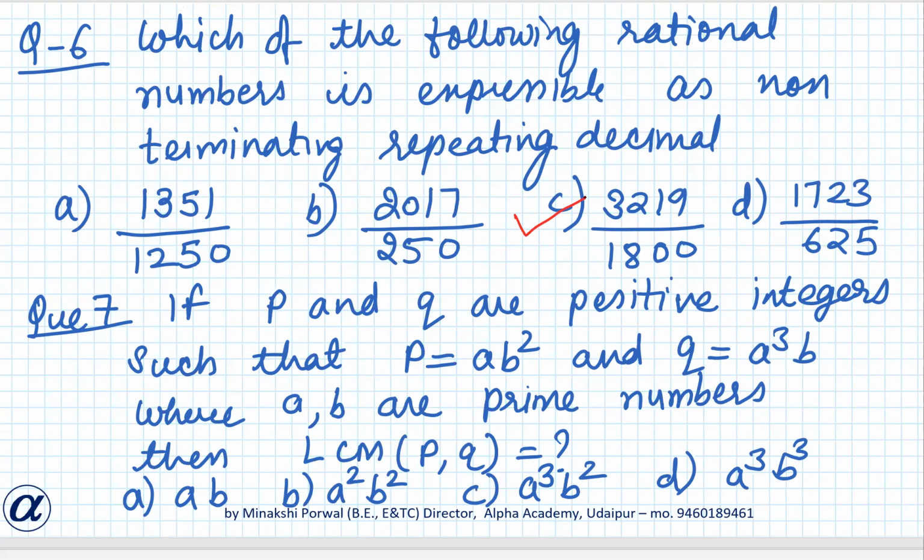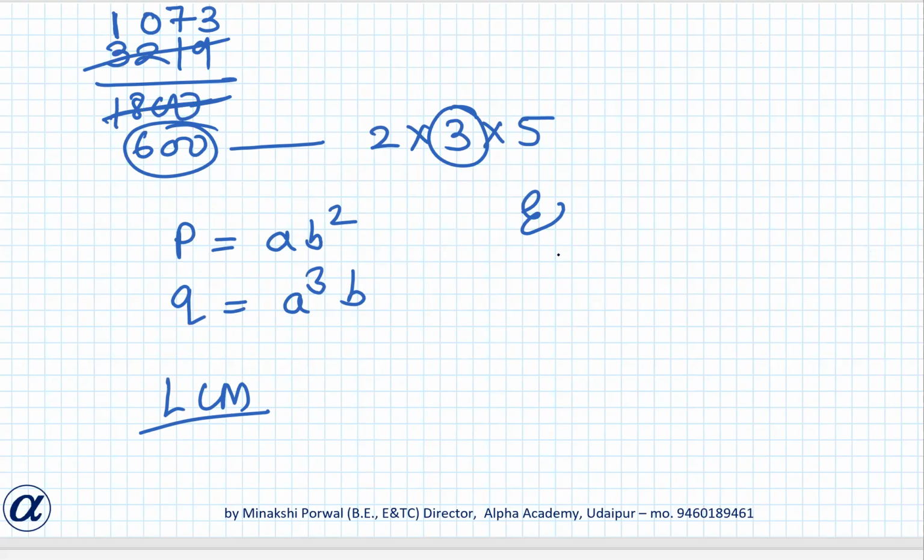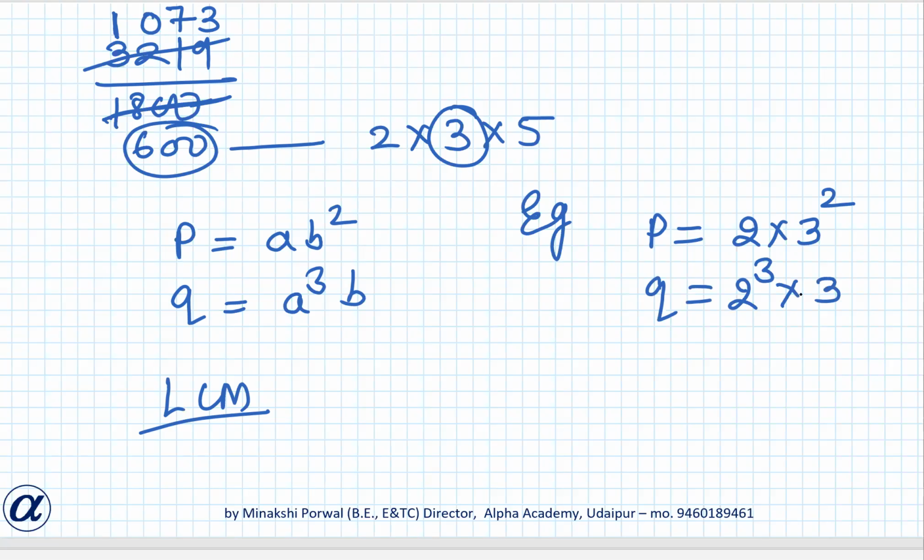Okay, next one, P is of the form a b square, Q is a cube b. We have to find their LCM. ठीक है, इसका एक एग्जाम्पल ले लेते हैं. सपोज P एक नंबर है जिसको हम 2 into 3 स्क्वायर लिखते हैं, Q एक नंबर है जिसको हम 2 क्यूब into 3 लिखते हैं. तो इनका दोनों का LCM क्या होगा?